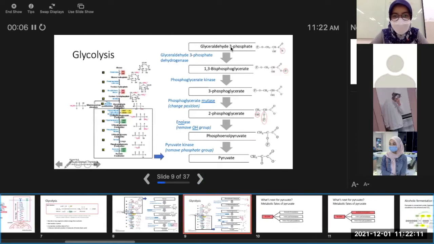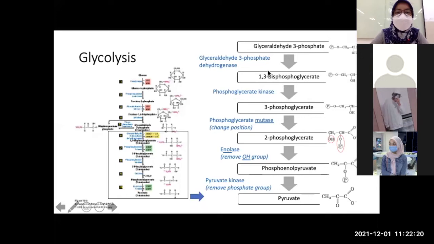Okay, so moving on from this glyceraldehyde 3-phosphate, now it will undergo another reaction catalyzed by glyceraldehyde 3-phosphate dehydrogenase, turning into 1,3-bisphosphoglycerate.